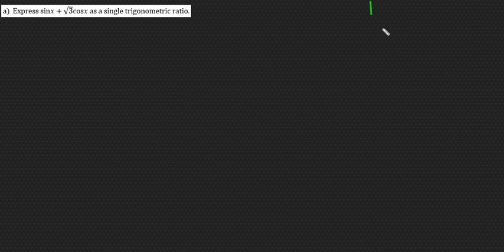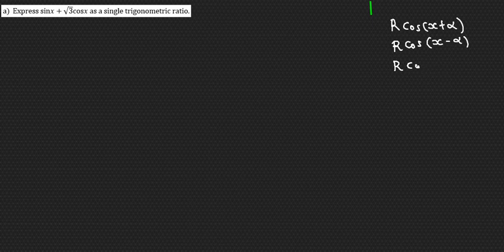We express trigonometric expressions in the form r cos(x plus alpha), r cos(x minus alpha), r sin(x plus alpha), and finally r sin(x minus alpha).